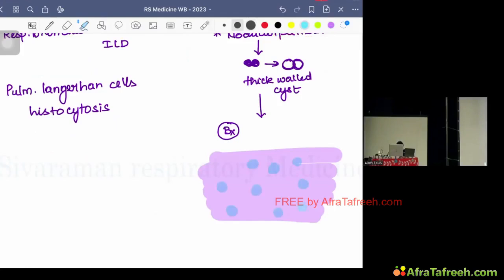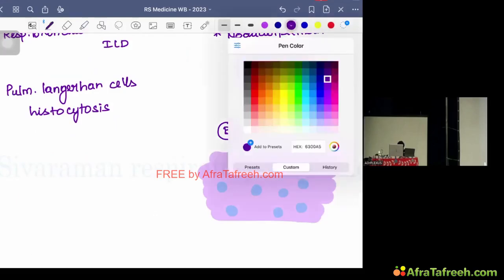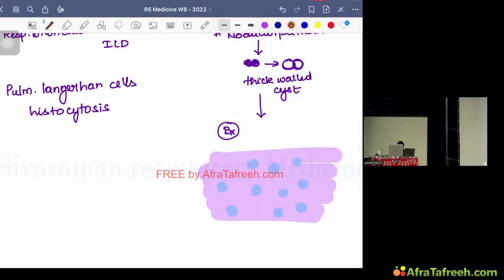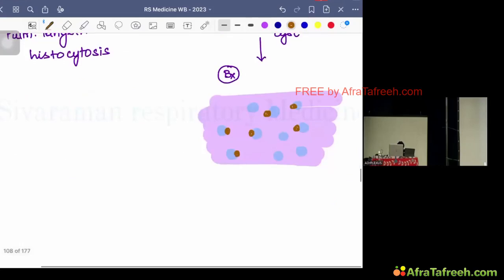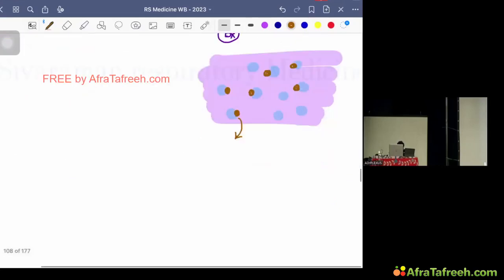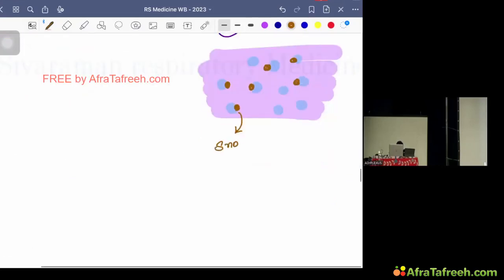Along with the respiratory cells, you get to see a lot of brown color patches like this. These brown color patches are called smokers macrophages.